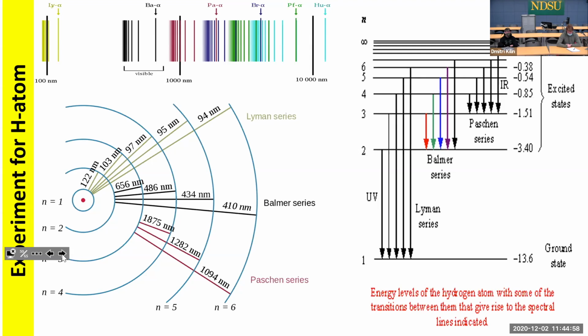If one looks from number 2 to each next, then it comes into the visible range. So the transition from number 2 to number 3 is visible, and the next one is also visible. And if one goes from the third higher up, there will be longer wavelengths corresponding to infrared.